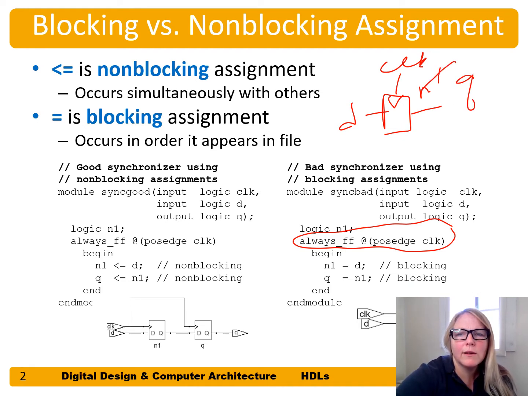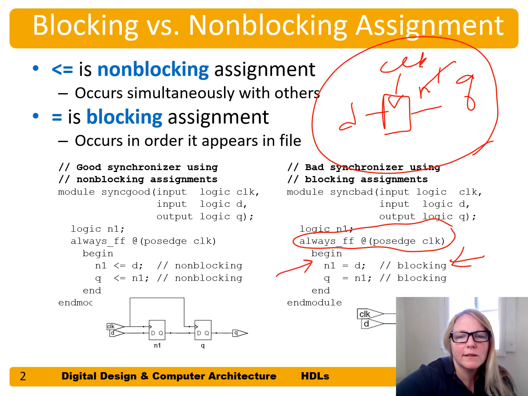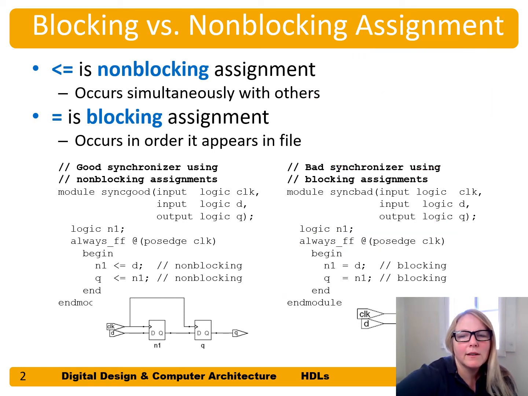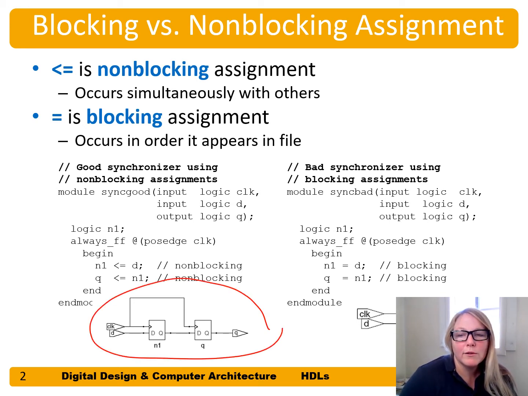So it just says, okay, I guess Q and N1 are the same signal, and it synthesizes into a single flip-flop instead of two, because it's evaluated in a blocking way. This statement essentially blocks the following statements, so this statement occurs first, and then that statement is evaluated second. And so it turns into a single flip-flop instead of what we wanted, which was two back-to-back flip-flops, or a synchronizer.